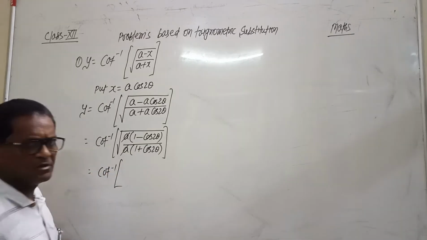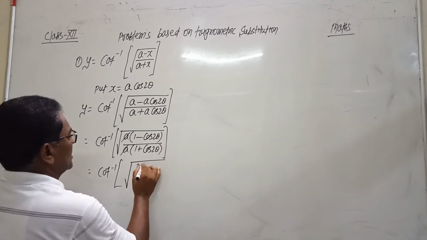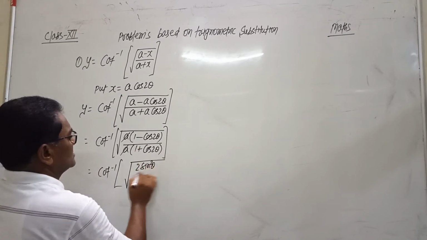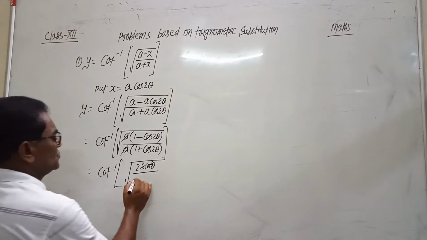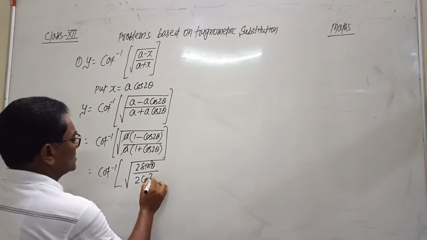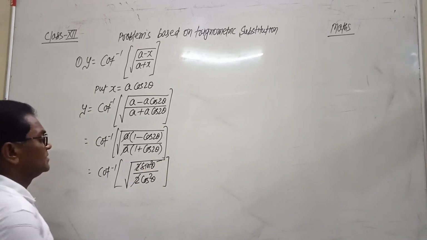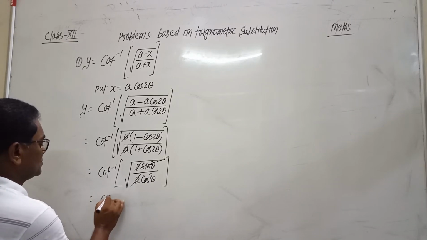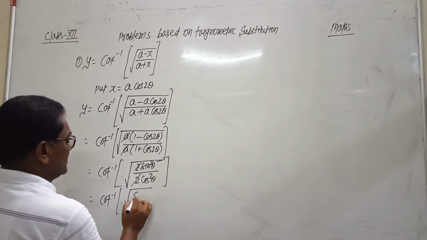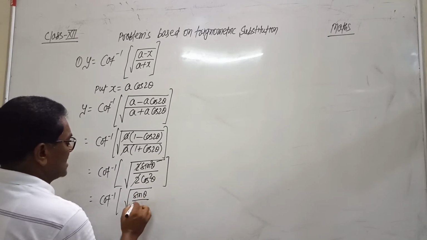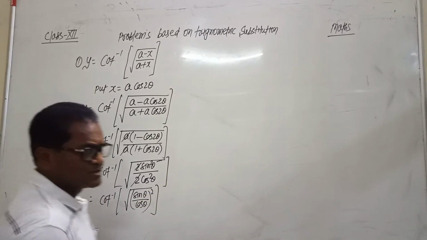Cot inverse. The formula for 1 minus cos 2 theta is 2 sin square theta, and the formula for 1 plus cos 2 theta is 2 cos square theta. 2 and 2 get cancelled. So it comes cot inverse under root of, this may be written as sin theta upon cos theta, the whole square.